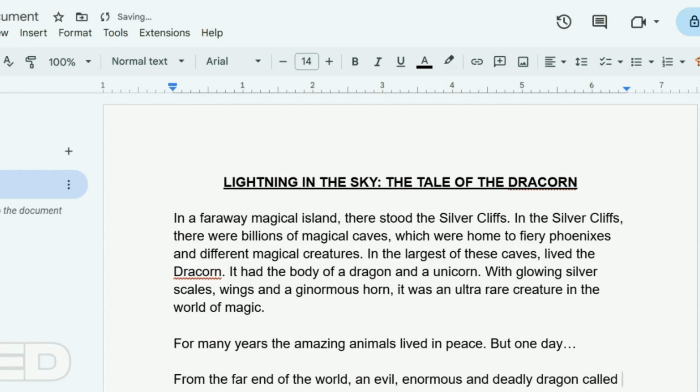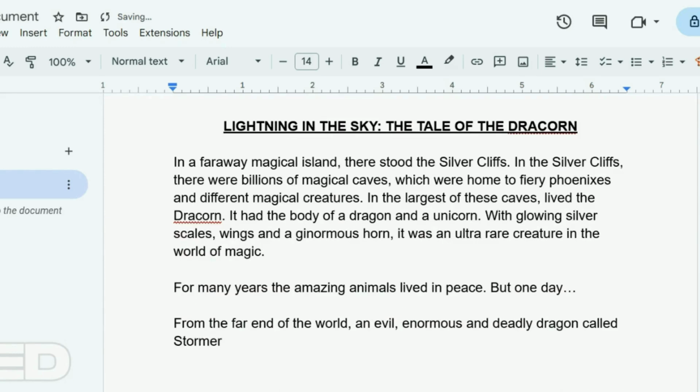Storm attacked Silver Cliffs to capture the inhabitants.